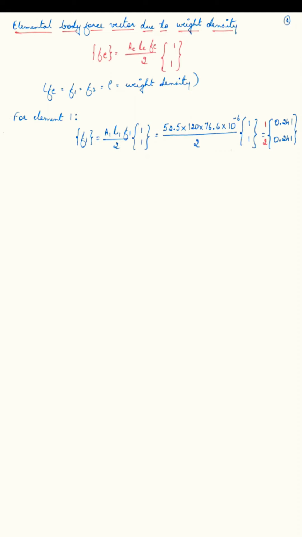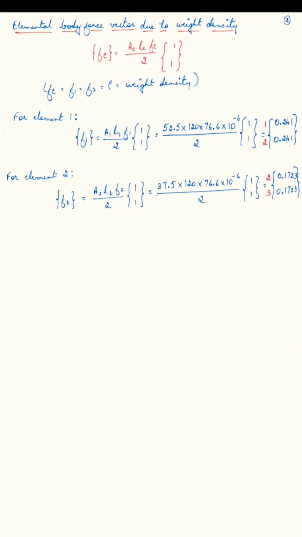Since we want to calculate the global force vector later, we'll denote the nodal locations for the vector as well. So 1 and 2 give the nodal locations: 0.241 at node 1 and 0.241 at node 2. Similarly we calculate the body force vector for element 2. For element 2, F2 is given by A2 L2 rho 2 by 2 times 1 and 1.